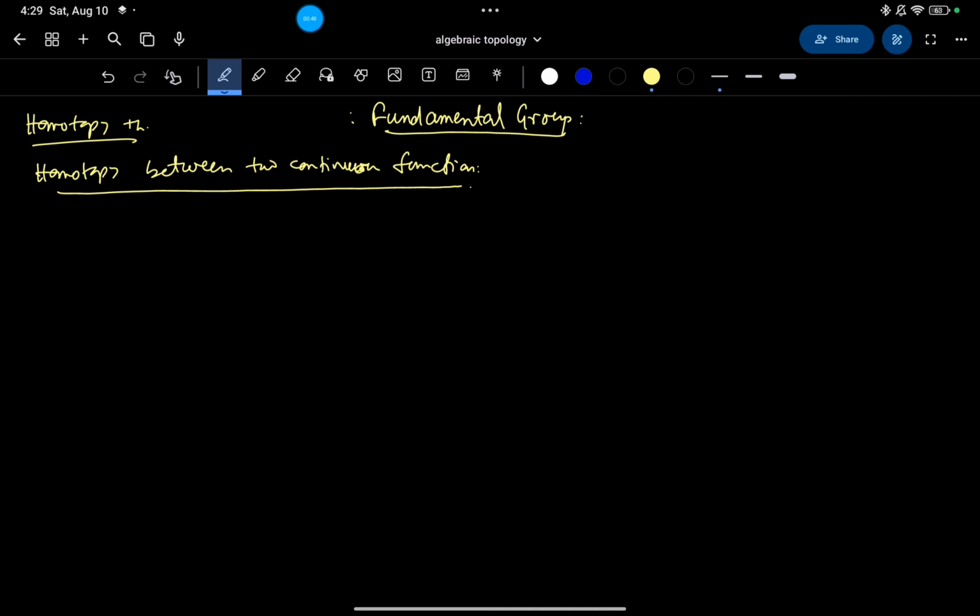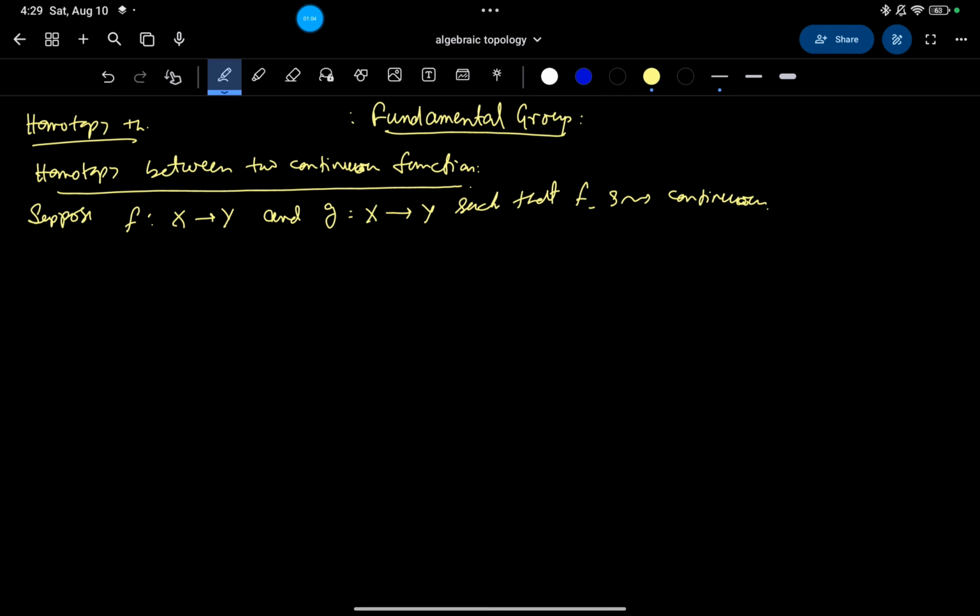Suppose f is a mapping from X to Y and g is a mapping from X to Y, such that f and g both are continuous.